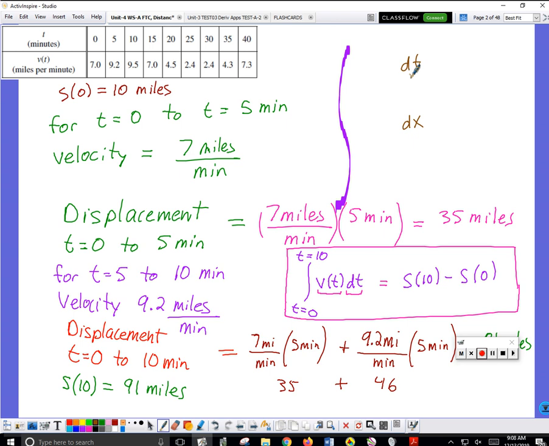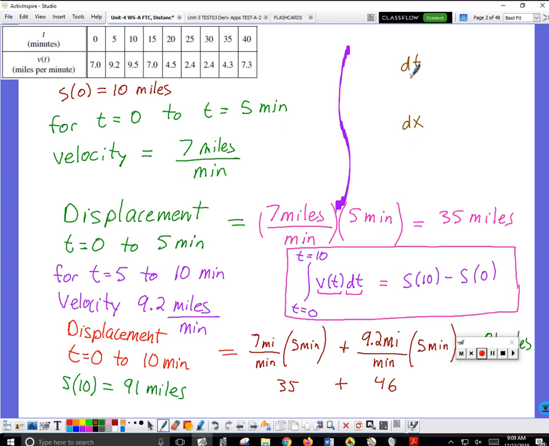It's an infinitesimal amount, but it's an amount. So dx is a small change in x, some amount of distance on the x-axis. dt is some small amount of time.